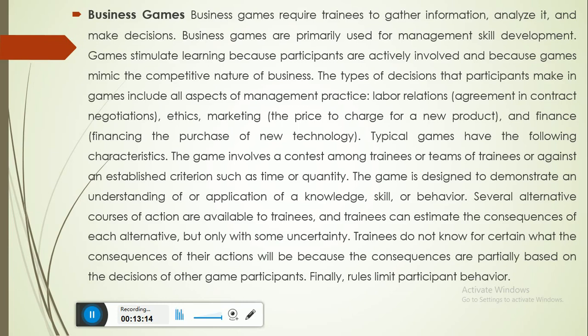The types of decisions that participants make in games include all aspects of management practices: labor relationships, agreement and contract negotiation, ethics, marketing, the price to charge for a new product, and financing the purchase of new technology. So these are all related to a business game, so you are actually playing it.